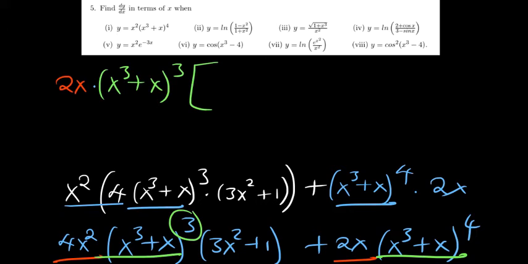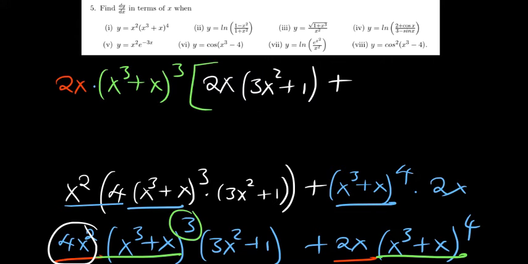Now in the brackets, what remains? When we remove 2x from 4x squared, we're going to remain with 2x, and then we're also going to remain with 3x squared plus 1 for the first part, plus the other part, 2x is already pulled out, and then we'll remain with a single power since 3 has already been pulled. So x to the power 3 plus x.